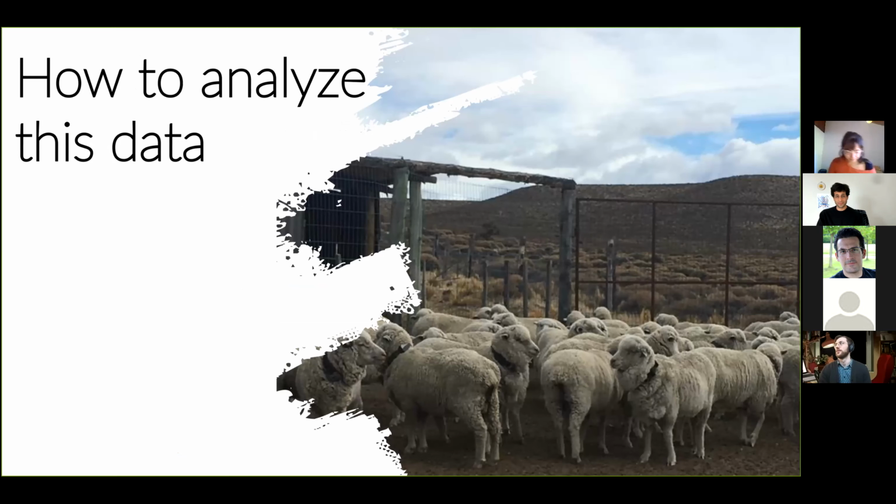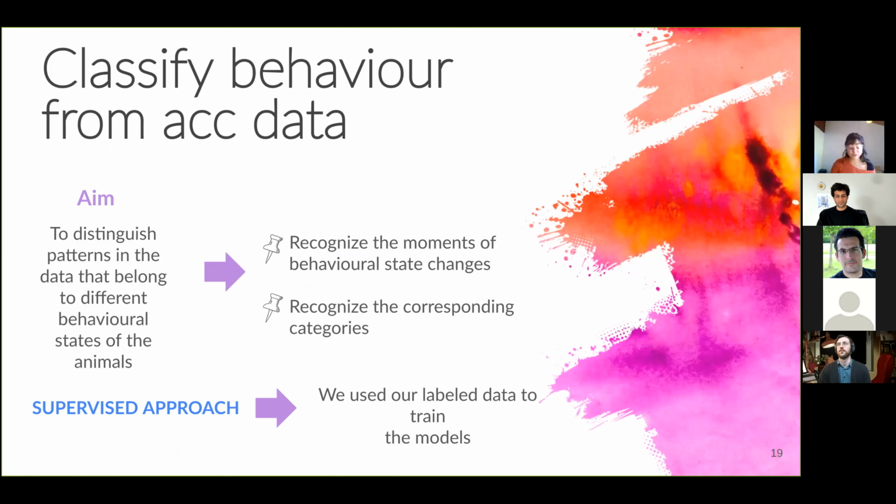As I told you before, the aim with the acceleration data is to classify it into different behaviors. Why do we want to know what the sheep is doing? Why is it interesting?